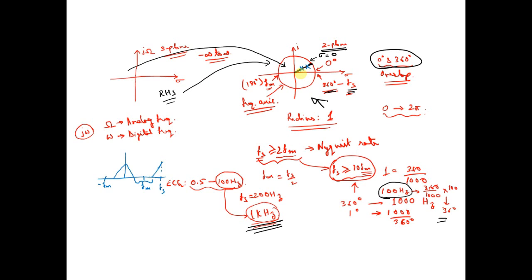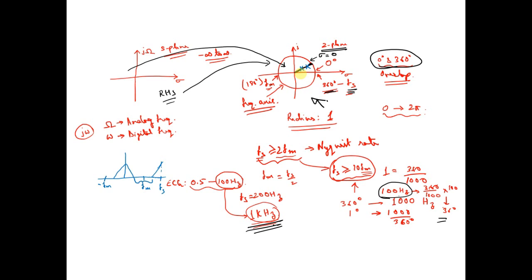And whatever we discussed just now in the S-plane holds good. If a pole or a zero is nearer to the frequency axis, their effect would be more.